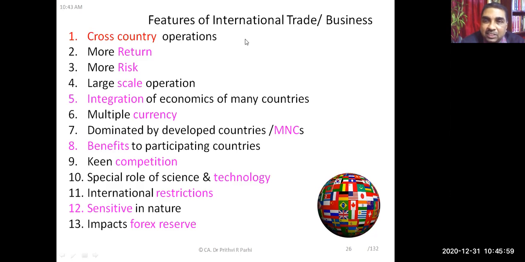This business is sensitive in nature. A slight fluctuation in price or in the economy will affect this business. It also has an impact on a country's foreign exchange reserve, and on many other areas. This is the list of features of international trade and business.